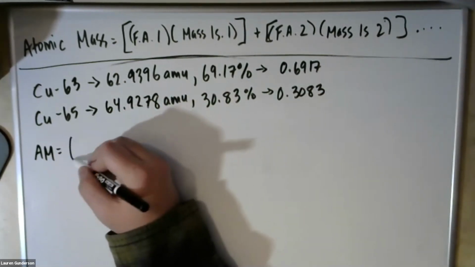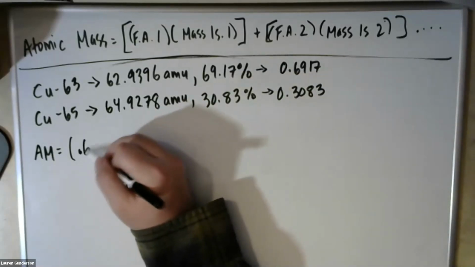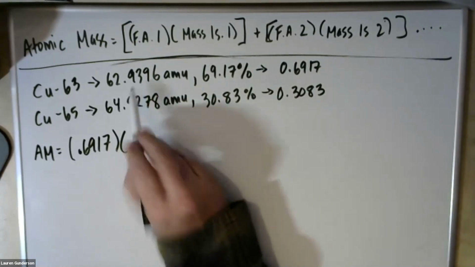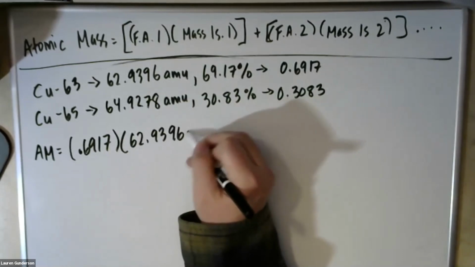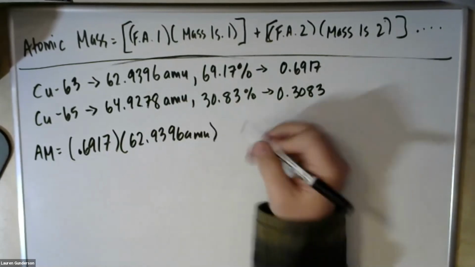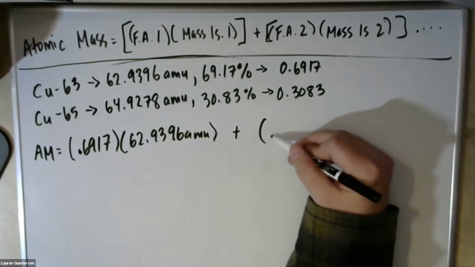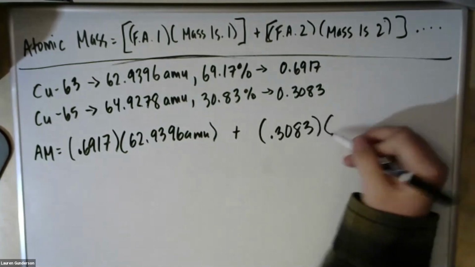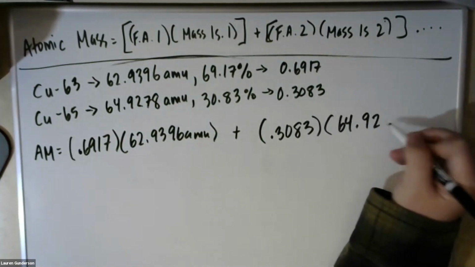I'll start by taking my fractional abundance of copper 63 and multiplying it by the mass of copper 63. And then we have the fractional abundance of copper 65 times the mass of copper 65.